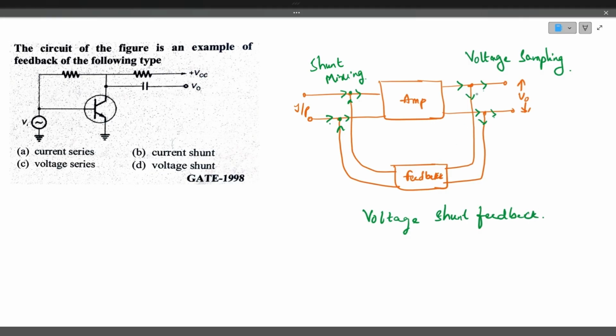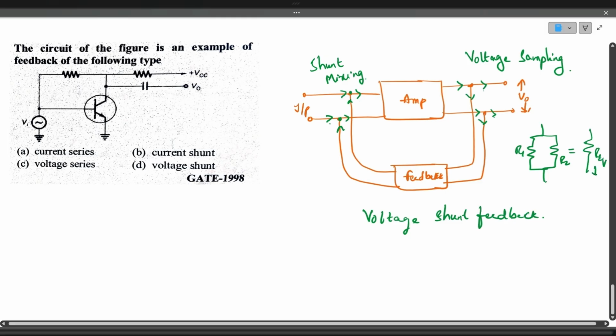Here what happens? You are collecting the samples in a parallel way and giving it in a parallel way. So input impedance and output impedance both will reduce. Whenever there is a shunt sampling or shunt mixing, the impedance will reduce. Simple logic, when you put 2 resistors R1 and R2 in parallel, what happens to the equivalent resistance? It will reduce.